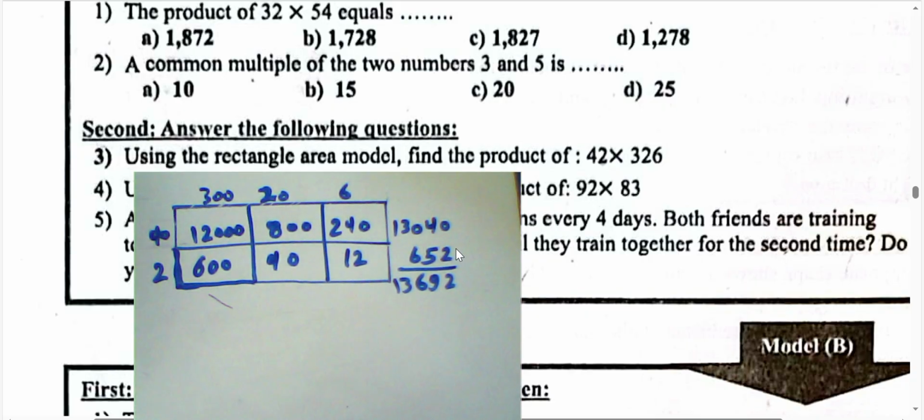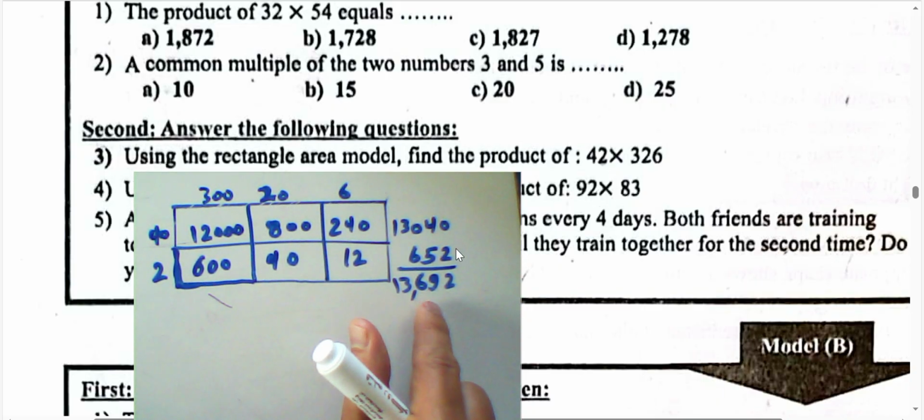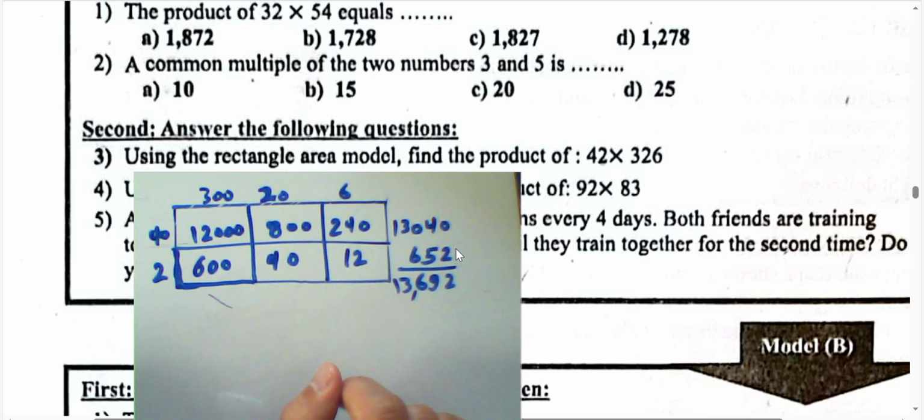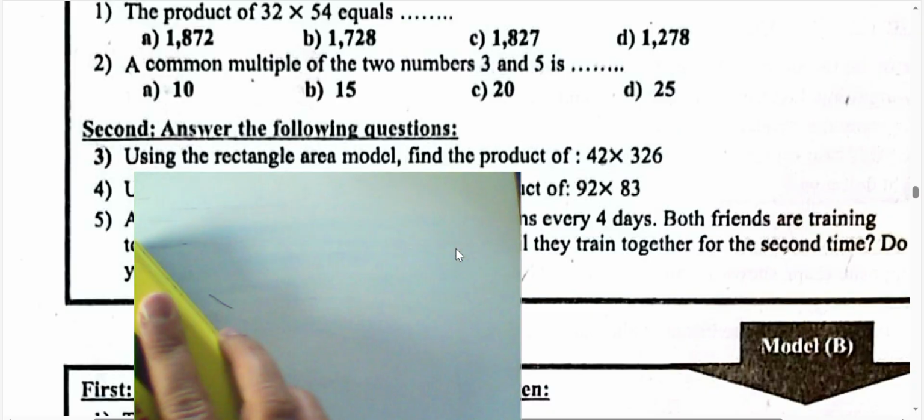Then the answer will be 13,692. Then the product of 326 by 42 will be 13,692. This method we call the rectangular area model. Understood? Next example.